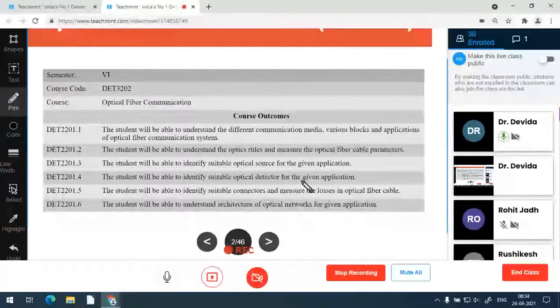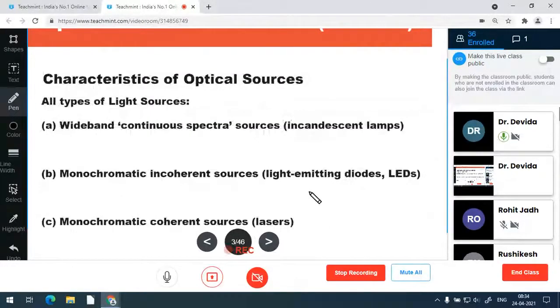So let us discuss the characteristics of optical sources. As we know, there are various optical sources. We also use many of them. What are those optical sources?